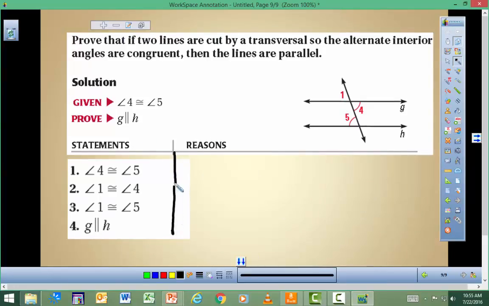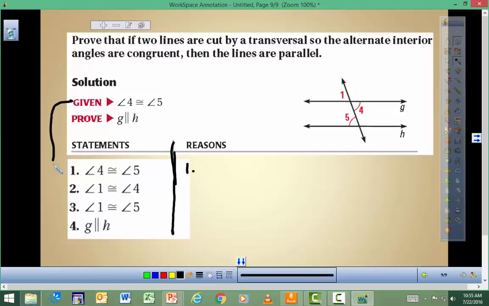Okay, so this proof is like half done for us already. Well, notice the first one's easy because that's exactly what was given, right? Okay, so we can say that the reason for this is that it was given to us, and we simply write given. Okay, so angles 4 and 5 are given to us. They are congruent.